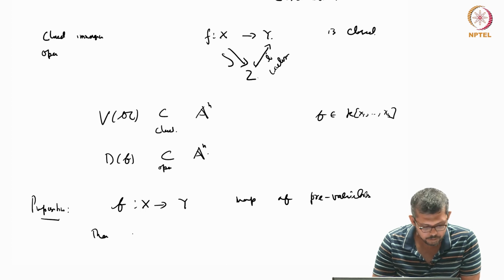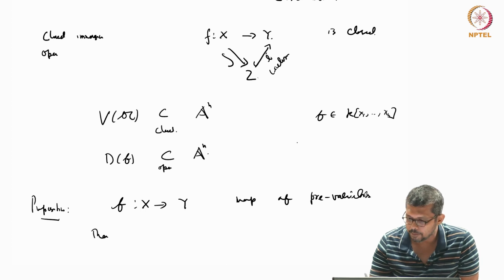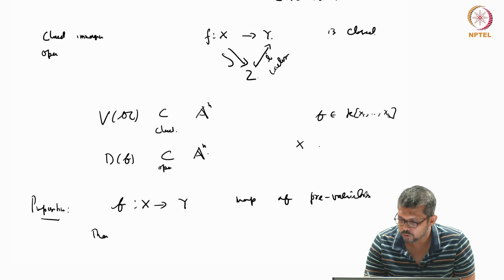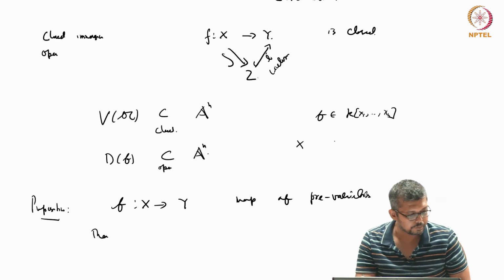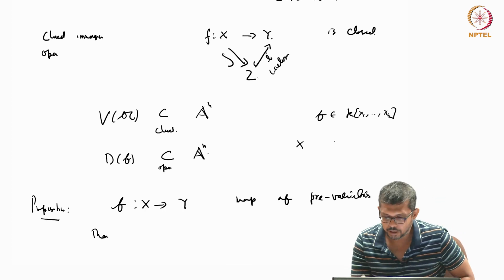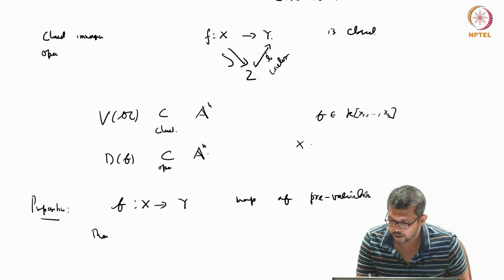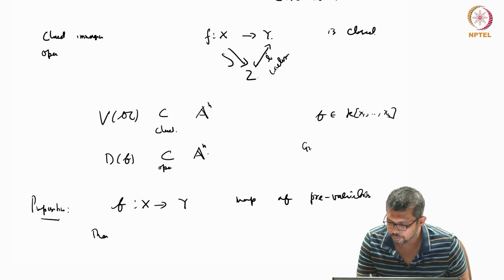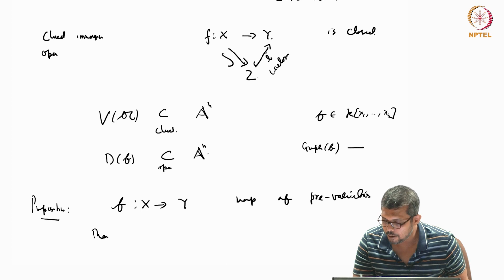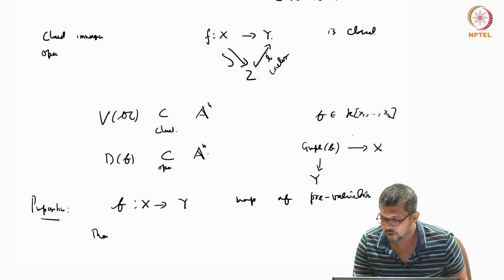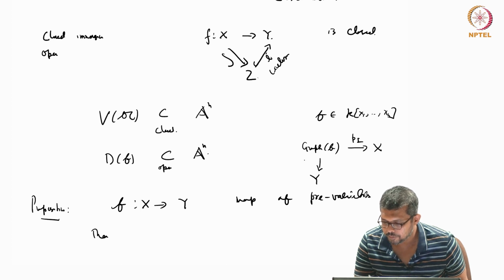Then the graph of f. Then you have a natural map. You have this X cross Y, or graph of f. So graph of f to X and graph of f to Y. So you have these projection maps, right?